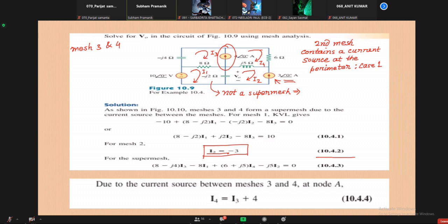It says that if a current source is shared by two adjacent meshes, then we exclude that branch. So if we exclude this branch, then what do we have? We have this minus j4. So where is our super mesh? The super mesh is this portion. Now which current is flowing through what? Through minus j4, I4 is flowing.